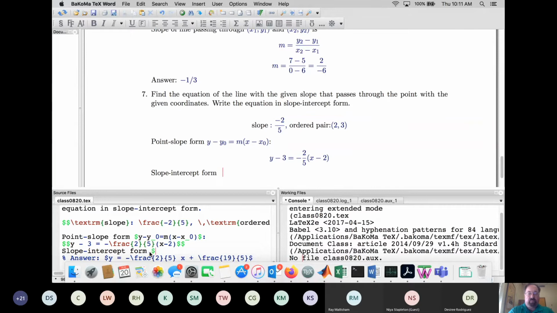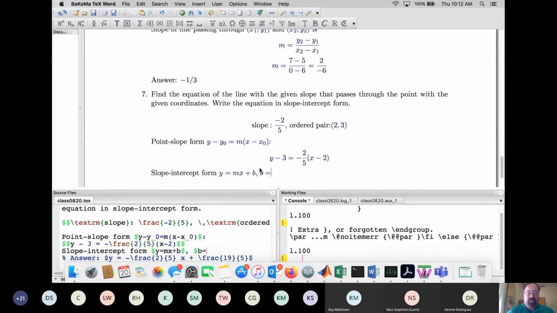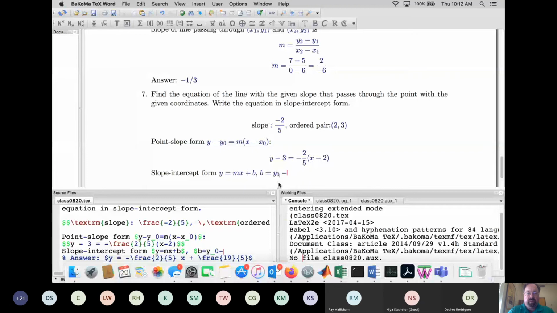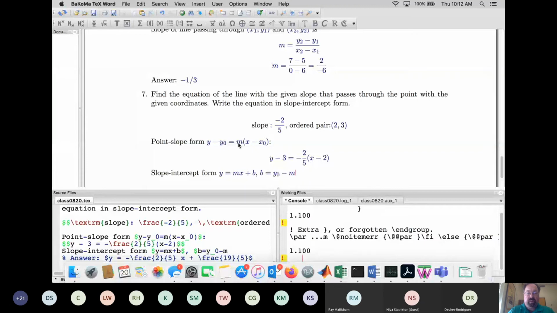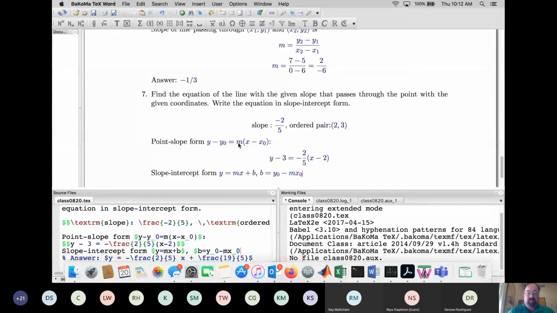Slope intercept form is y is equal to mx plus b. So it turns out that if you have a point slope form already, if you were to multiply this out, b would be equal to the given y value minus the slope times the given x value.